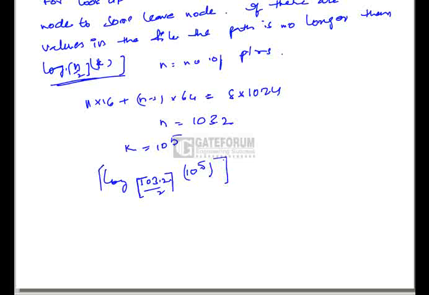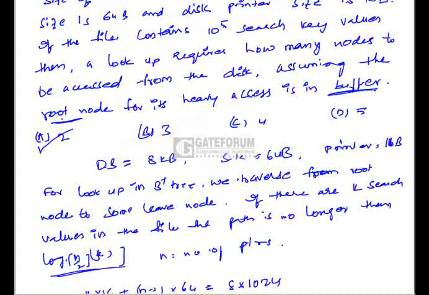If we solve this, we get 3. So we have to access 3 nodes, but it is given that the root is already in buffer. So we have to access 2 nodes. Here the correct option is option A.